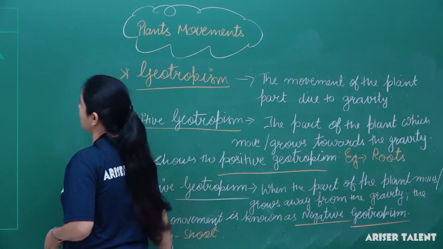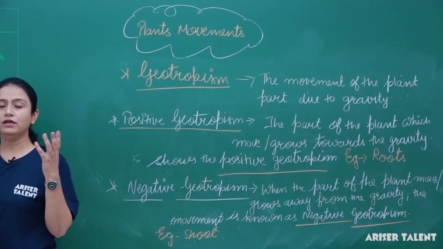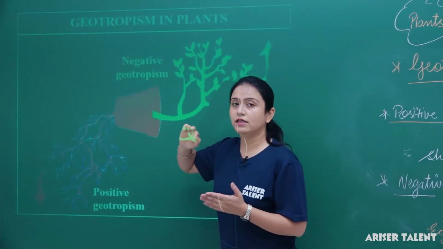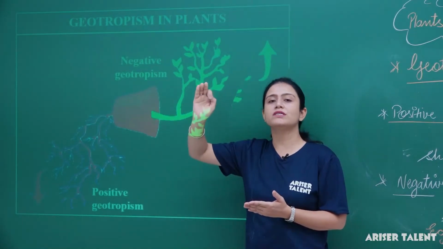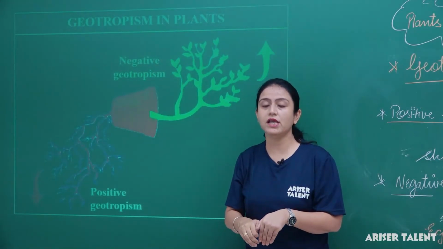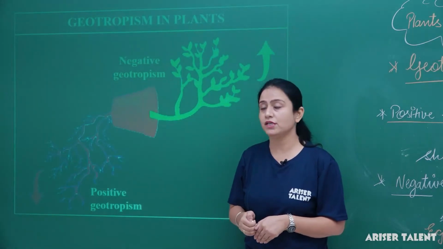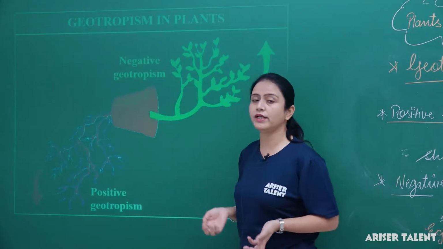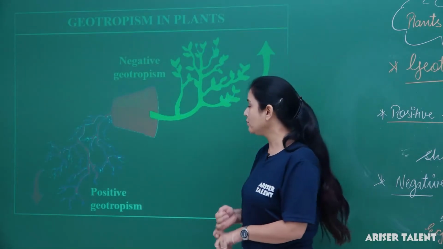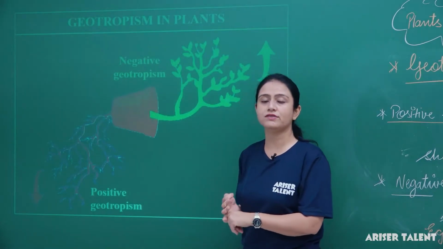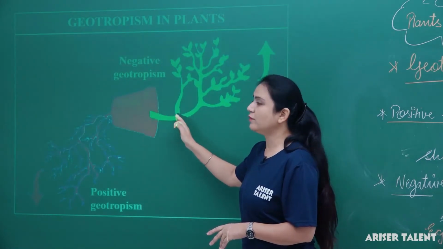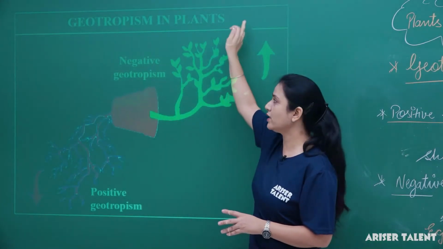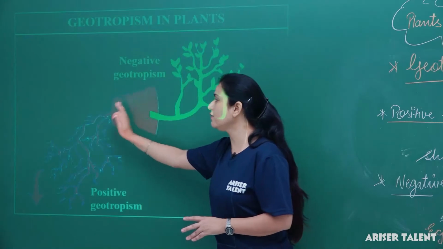Here we can see in the diagram, when we took a plant in the pot and it was straight, the upper part, the stem, was growing towards the sunlight and the roots were growing towards the soil, towards the gravity. But when we keep this plant horizontal, after a few days we observe that the shoot part above the ground moves towards the sunlight, which means it moves away from the gravity.